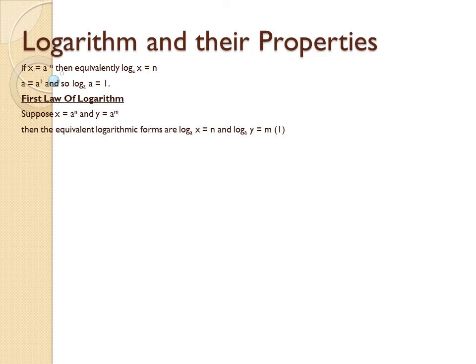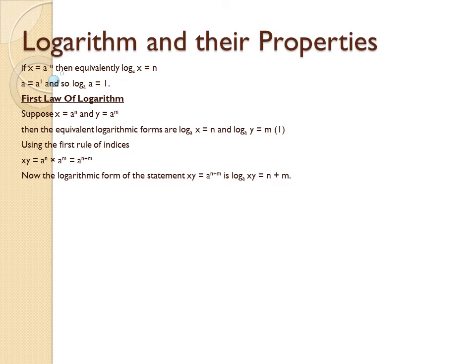Similarly for the second term, the base is a, so log to the base a of y equals m. The power becomes the right hand side, and the base is the base of the logarithm. Using the first rule of indices, if I multiply x into y, we get a to the power n into a to the power m, that means a to the power n plus m.